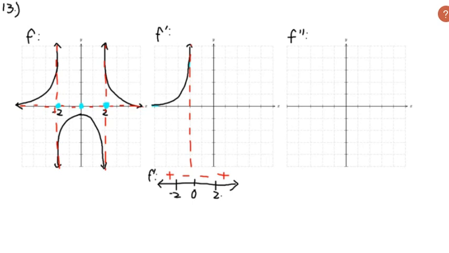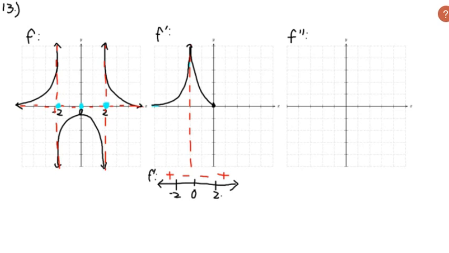So it will touch 0 on the graph of f prime. It starts really steep and touches 0.